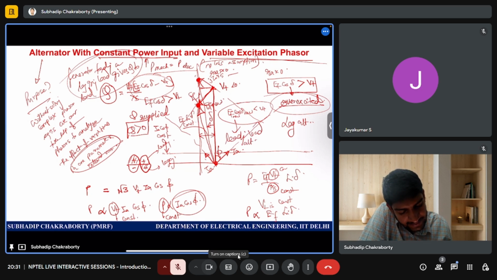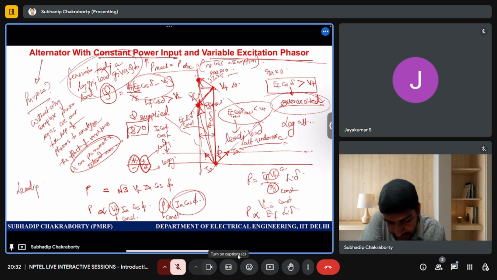So this is a leading load, alternator under excited. So what did you learn from the phasor diagram? Leading load supplies reactive power, and lagging load consumes reactive power.